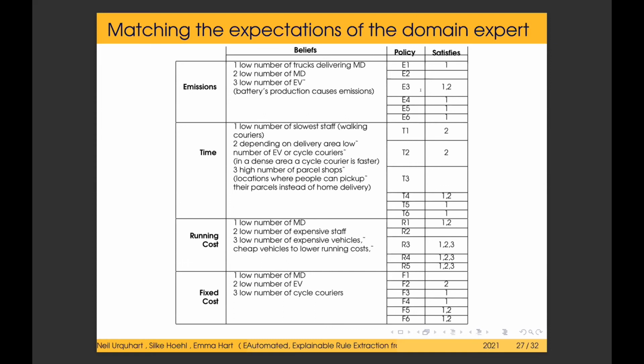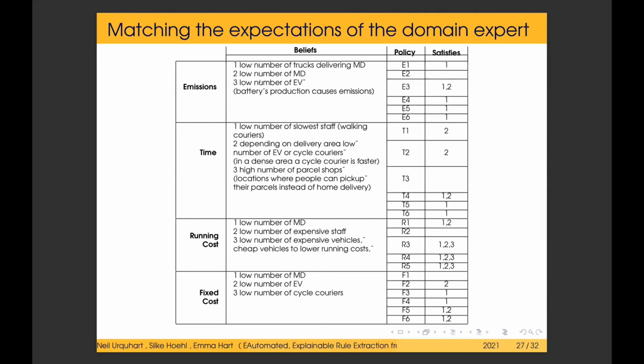So in the case of emissions, most of our policies satisfy the first belief. We thought about that and realized the reason probably was that this was the order in which the beliefs were written down. The first thing the planner wrote down was probably the most fundamental, obvious belief that occurred to them first. We also had a couple of situations where we didn't cover a rule.